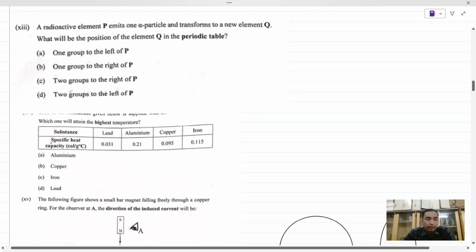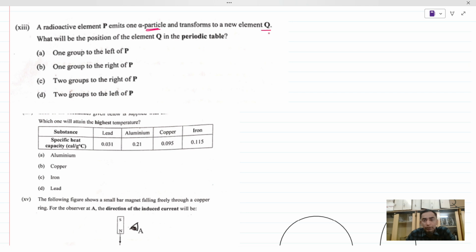Okay. Now a radioactive element P emits one alpha particle and transforms into Q. That means I should write down P, right? And what should I say? Z, A. After losing an alpha particle, which is basically helium nuclei, the daughter nuclei is Z minus 2, A minus 4. Now, see, the electronic configuration in the periodic table is something like this.